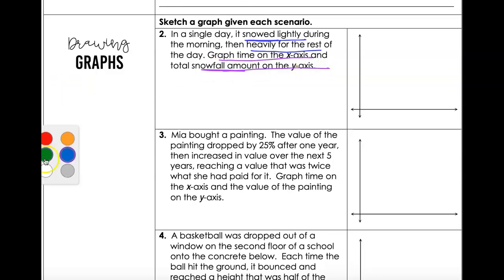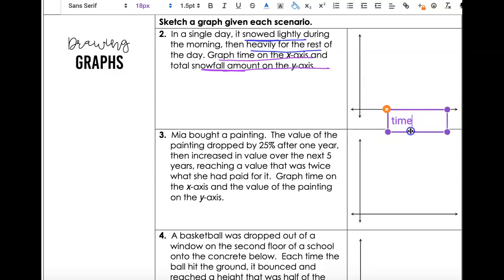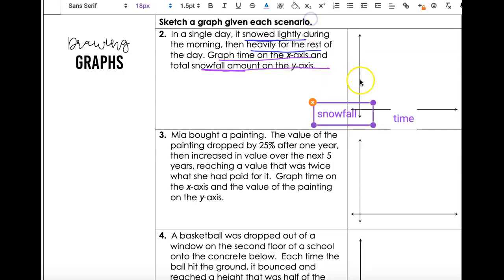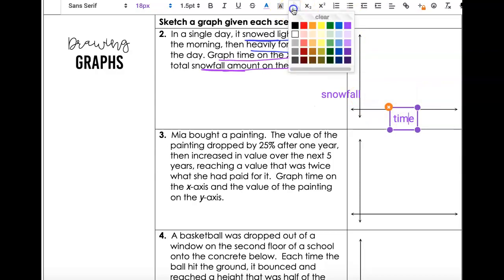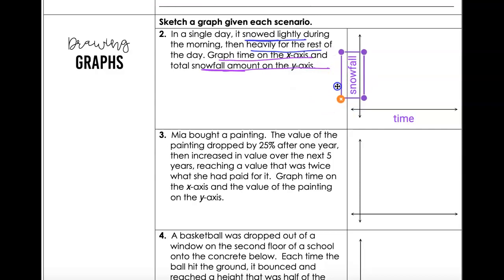So we're going to label that. Going along the x-axis, we have time. And then going along the y-axis, we have our snowfall. All right, going back to our word problem, it snowed lightly during the morning.